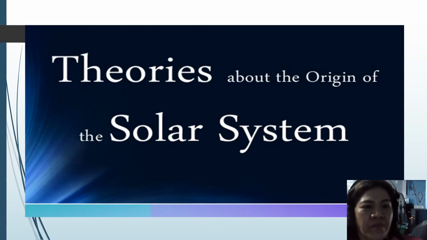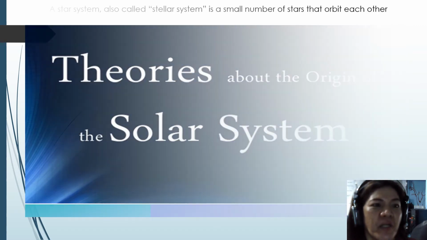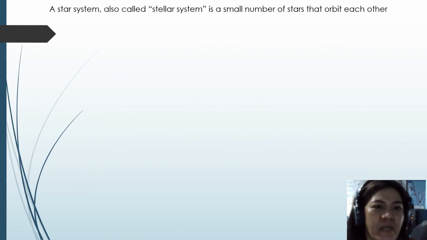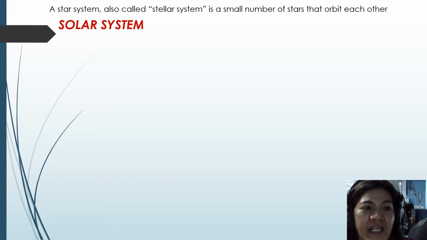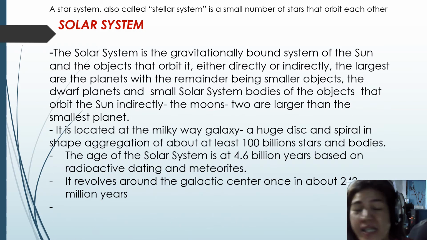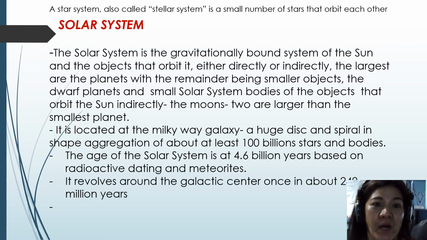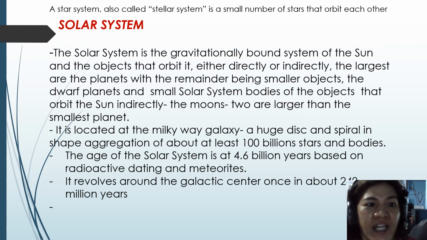Okay, so to begin with the solar system. What is really a solar system? What comprises the solar system? What are in the solar system? The solar system is the gravitationally bound system of the sun and the objects that orbit it, either directly or indirectly.